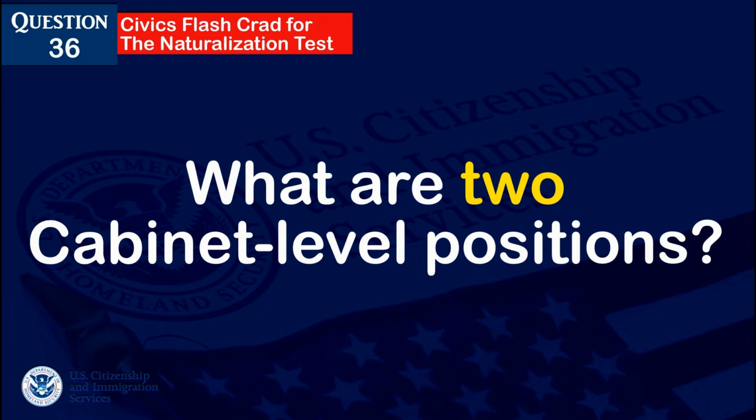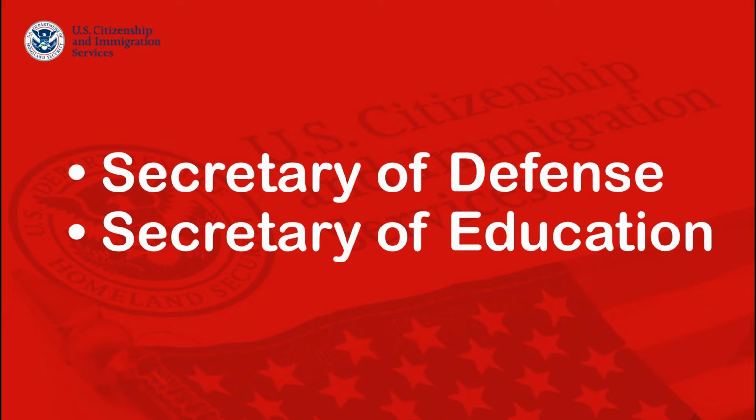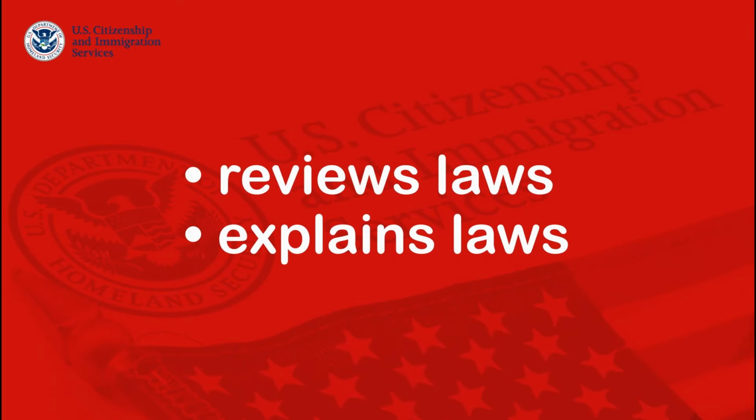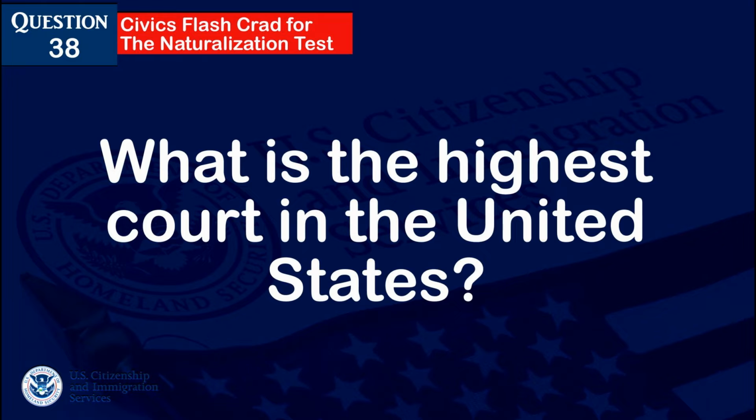What are two cabinet-level positions? Secretary of Defense. Secretary of Education. What does the judicial branch do? Reviews laws. Explains laws. What is the highest court in the United States?